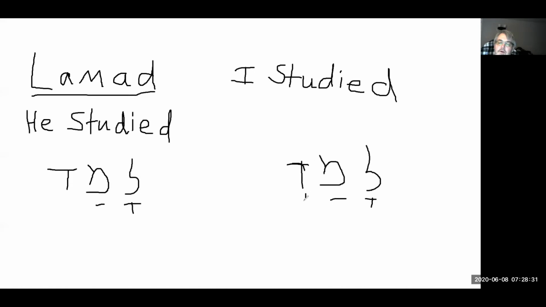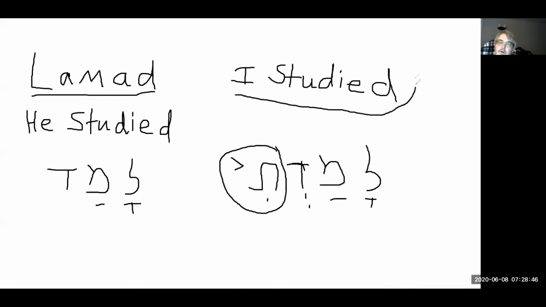You're going to do a shva. Then you're going to do your tav and your yod. Same with shamar, with your hirik vowel. So this is your ending for the past tense, first person singular, I studied. Same for masculine and feminine, right?